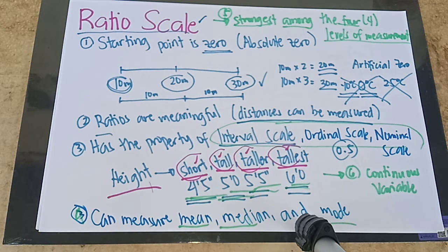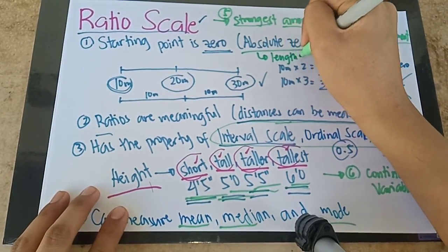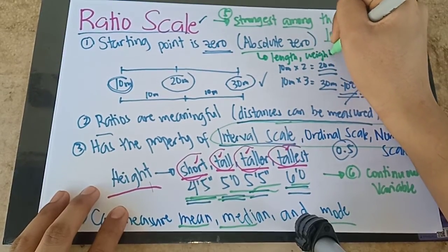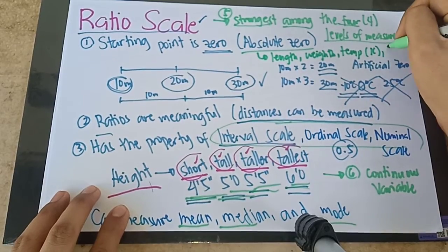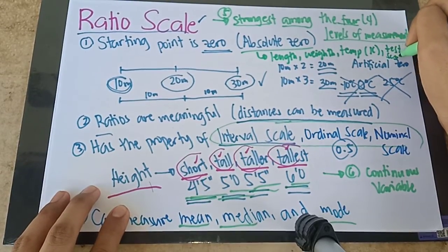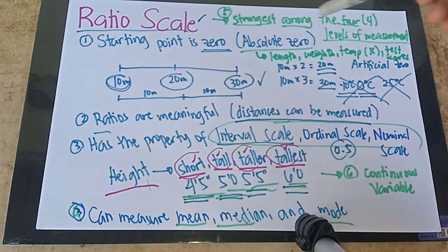So for examples of absolute zero, we have length, we have weight, we have temperature in Kelvin, and we have test scores. Okay? So it indicates an absence of something for the absolute zero. And in the ratio scale, it can measure mean, median, and mode. And it uses quantitative and continuous variables, making it the strongest among the 4 levels of measurement.